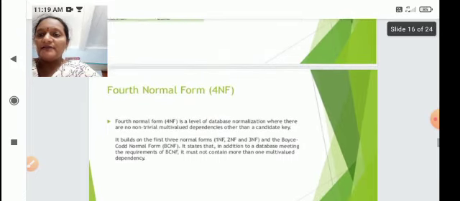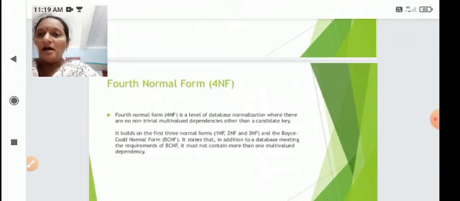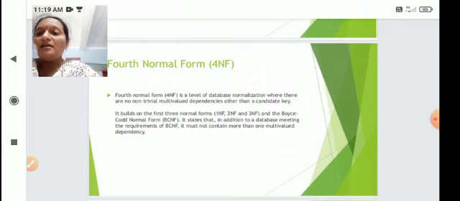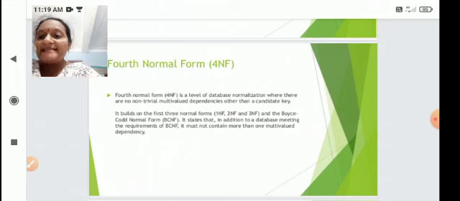The next one is fourth normal form. Fourth normal form is a level of database normalization where there are no non-trivial multi-valued dependencies other than a candidate key. It builds on the first three normal forms and Boyce-Codd normal form.